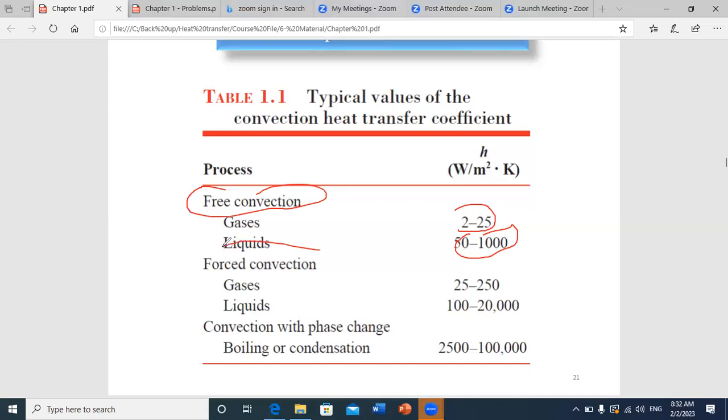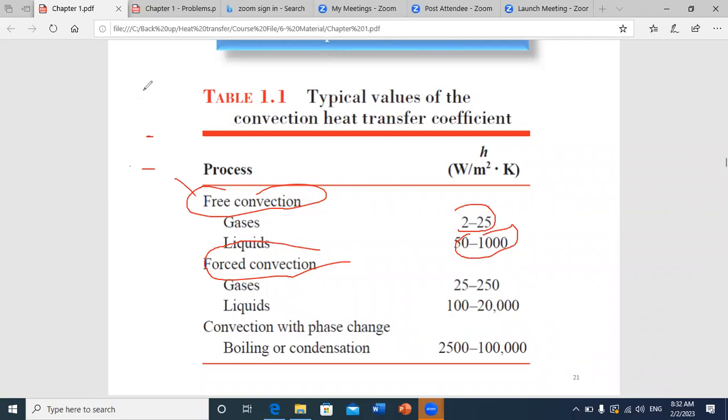Another aspect to consider for convection is that you should differentiate between free convection and forced convection. In general, free convection relies on differences in density, so it's mainly driven by density differences and involves relatively small velocities. This is the case of the example that we talked about before.